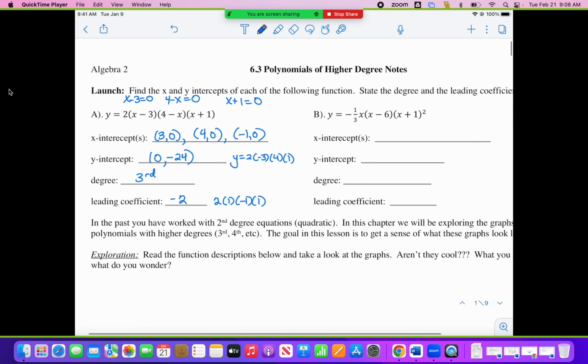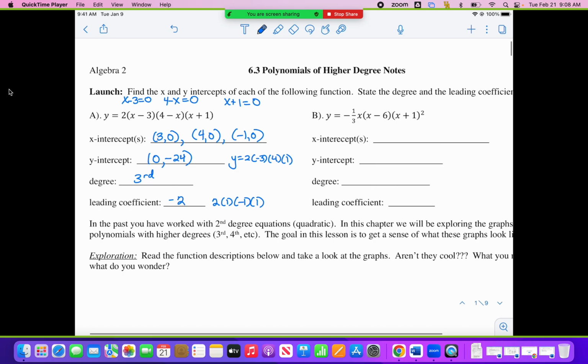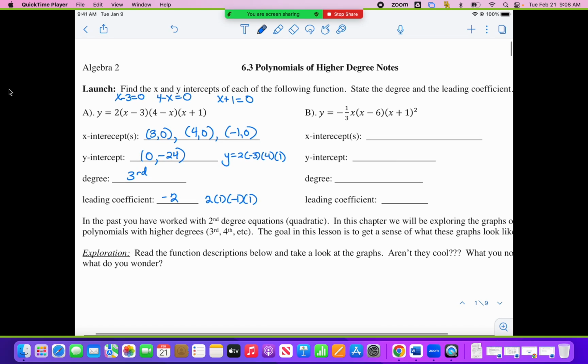All right, so let's do letter B. I have y equals -1/3 x times x minus 6 times x plus 1, the quantity squared. All right, so Avery, what are the x-intercepts here? 6 and -1.